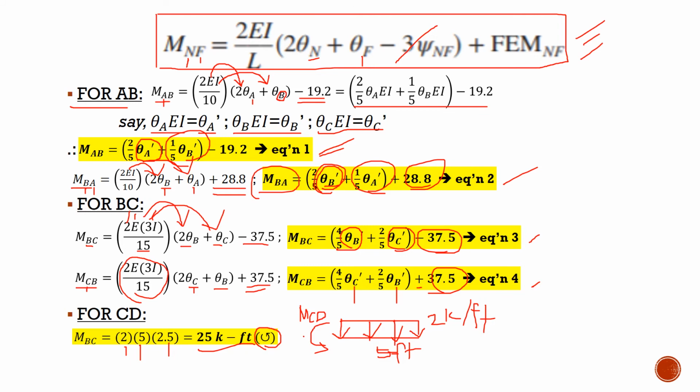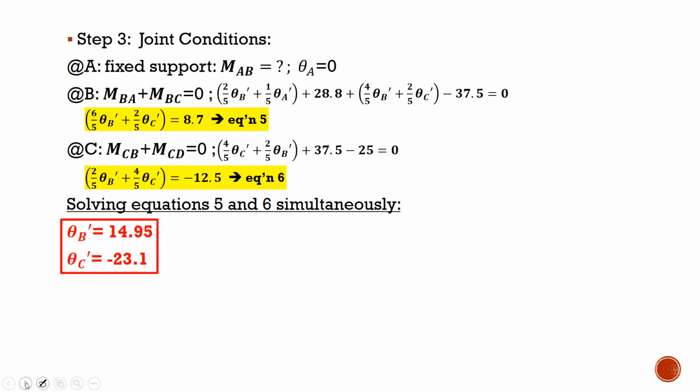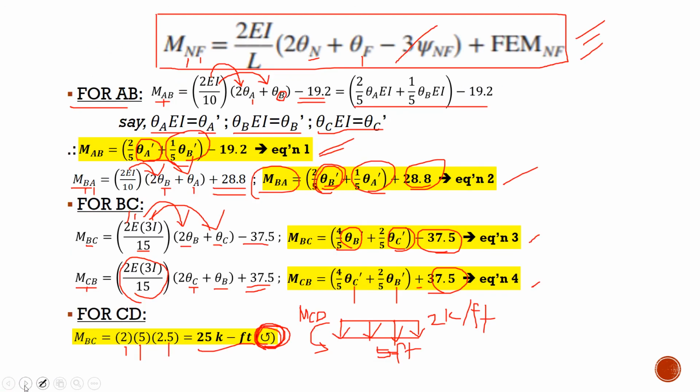Always take note, for overhang or cantilever beams, that will give you a negative moment. We did not write the negative yet because we already accounted for the rotation. By sign convention, clockwise is positive and counterclockwise is negative. Where to place the negative, we will see in the next slide.